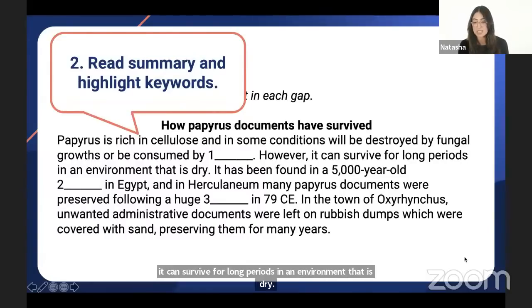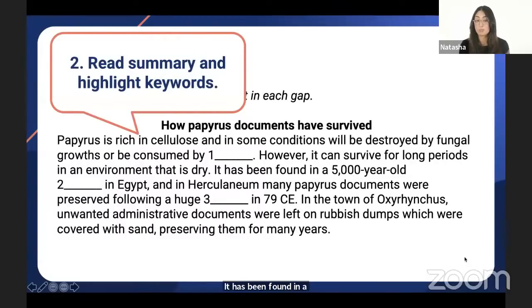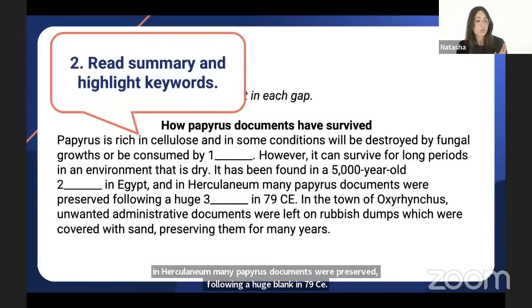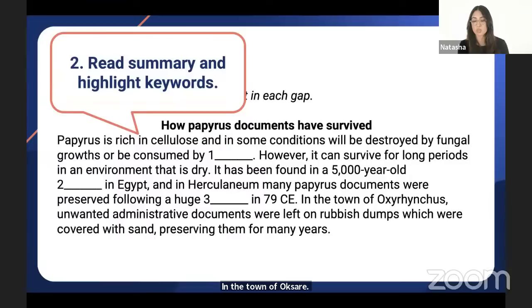It has been found in a 5,000-year-old blank in Egypt, and in Herculaneum, many papyrus documents were preserved following a huge blank in 79 CE. In the town of Oxyrhynchus, unwanted administrative documents were left on rubbish dumps, which were covered with sand, preserving them for many years. Okay, that is the summary.